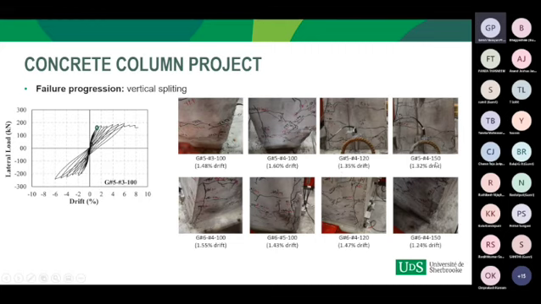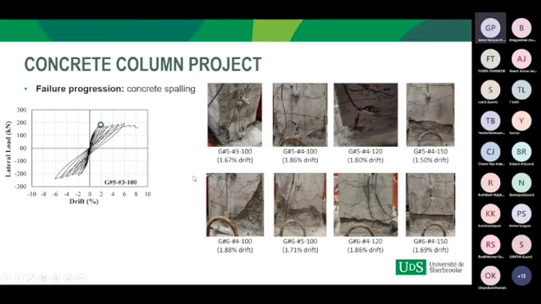With 150 millimeter spacing it occurred at 1.3% drift, whereas with 100 millimeter it occurred at 1.6% drift. This was followed by spalling of the concrete cover, which was also earlier in the column with the higher spacing of transverse reinforcement.